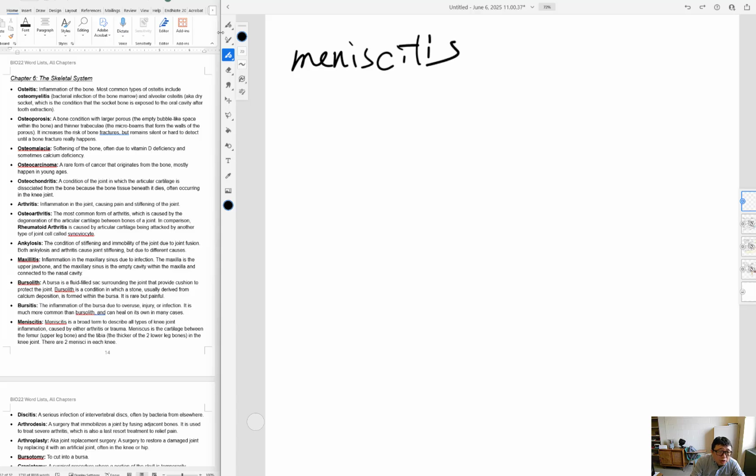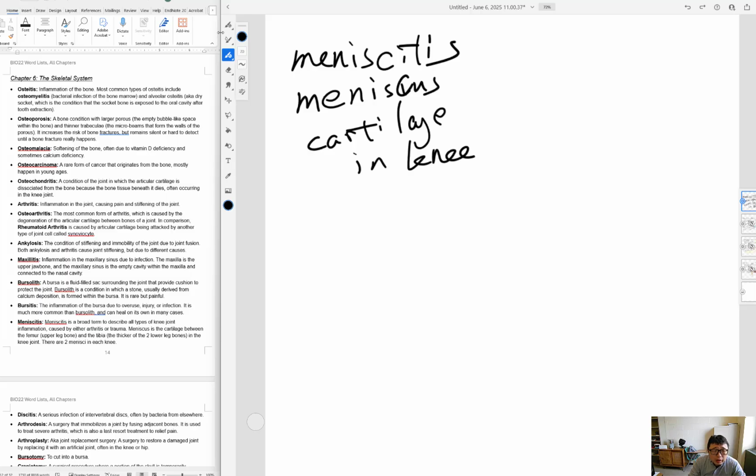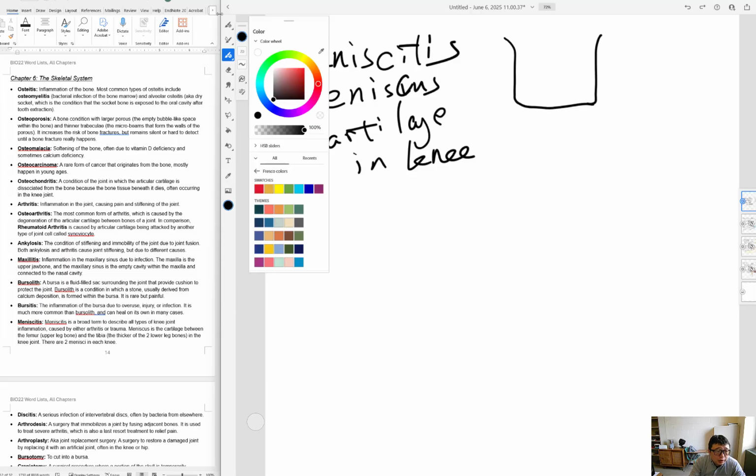Meniscitis. Before we talk about this, meniscitis means the inflammation in the meniscus. What is a meniscus? You may have heard of it. It's the cartilage in the knee joints. And the meniscus itself has different meanings. For example, here we have a cup, and you pour some water in the cup.